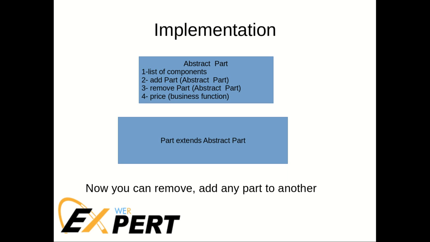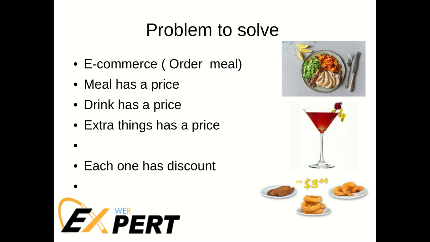So I will create an abstract class which will implement add and remove and contain the other business functions. Each composite class will extend this abstract class and implement the interface to be a composite design pattern.